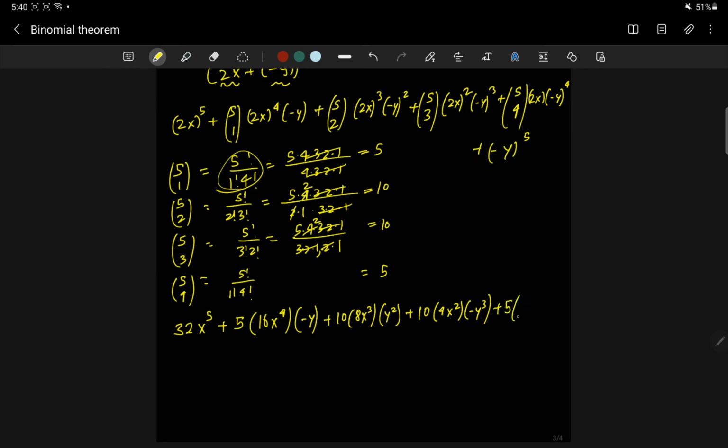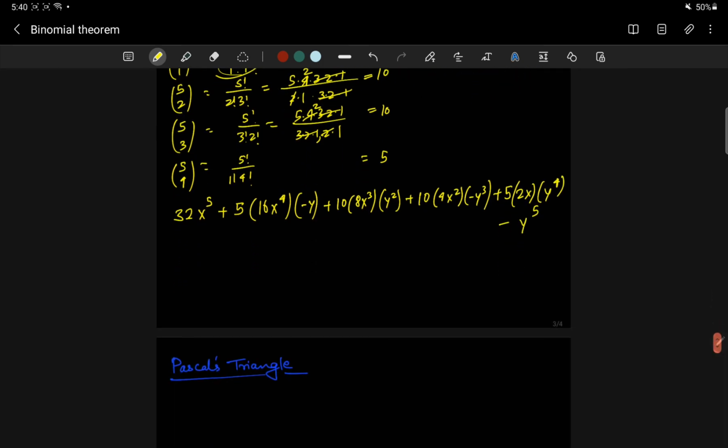Then you have 5 and 2x y to the 4, and then you have a negative y to the 5. Lastly, let's combine all of this and you get 32x to the 5. 5 times 16 is 80, but there's a negative. So let's go back and change this to negative 80x to the 4 y plus 80x cubed y squared. Now minus again 40x squared y cubed plus 10x y to the 4 minus y to the 5.